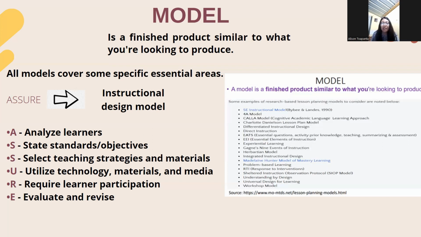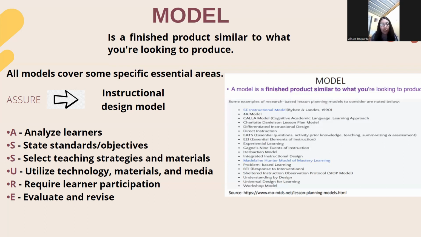ASSURE stands for: analyze learner, state standards and objectives, select teaching strategies and materials, utilize technology, materials and media, require learner participation, evaluate and revise. Here, it's an instructional design model.